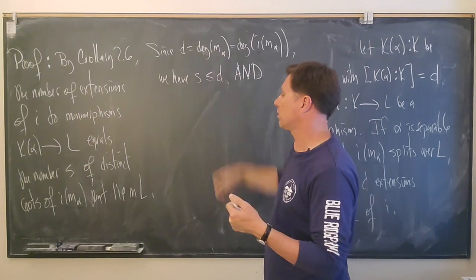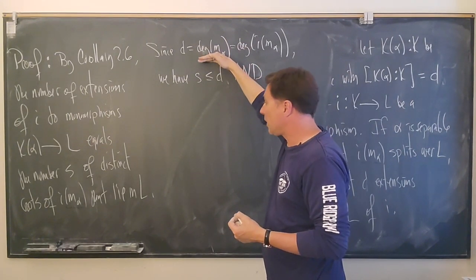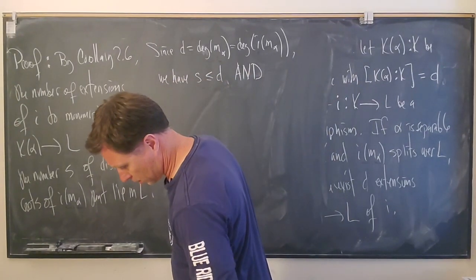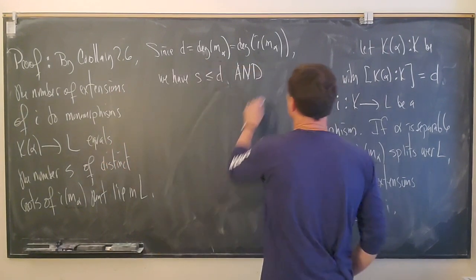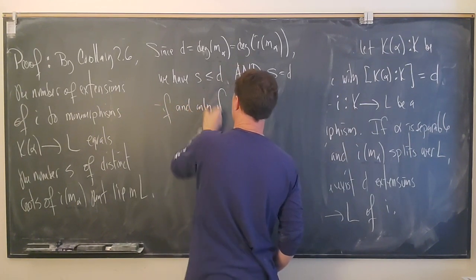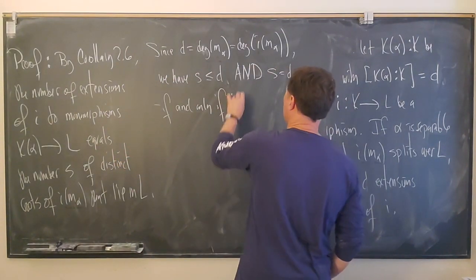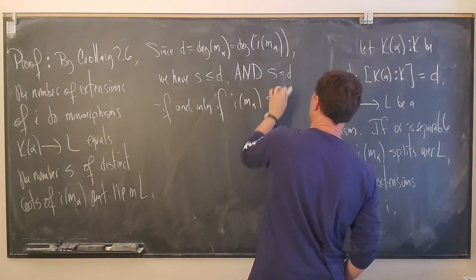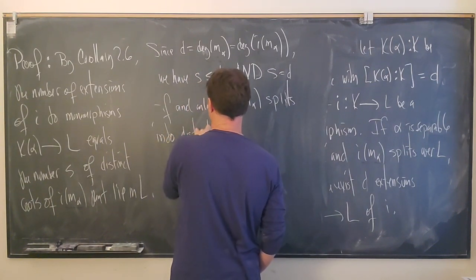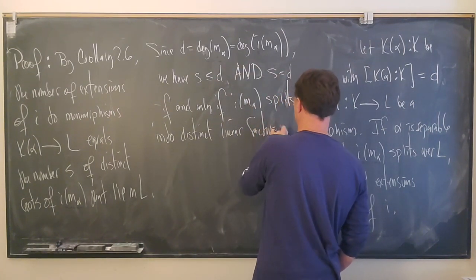Because you have at most, and I should say it this way, the number of roots is bounded by D. The number of distinct roots then is going to be less than or equal to D. So we can say S equals D if and only if our I of m alpha splits into distinct linear factors in L.